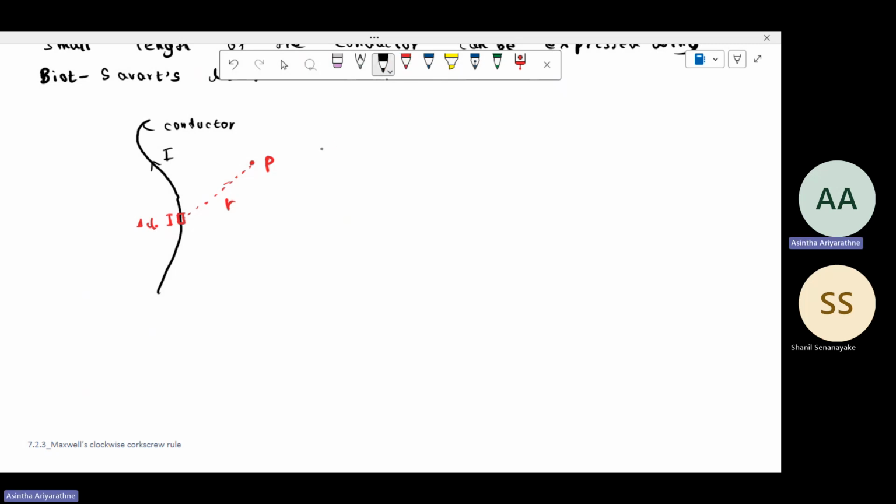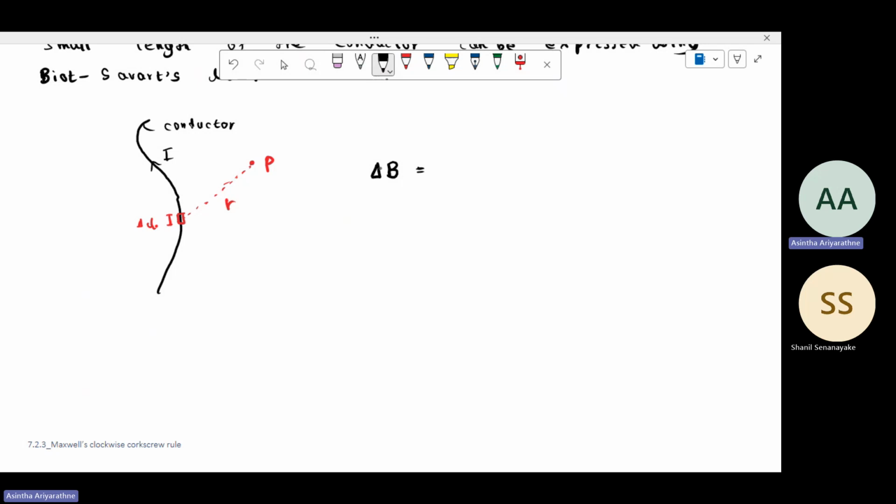Then this small magnetic flux density. It's a simple delta, delta V. Since we are considering only a small amount, the small delta L amount, here we would get the magnetic flux density due to that small delta L amount.